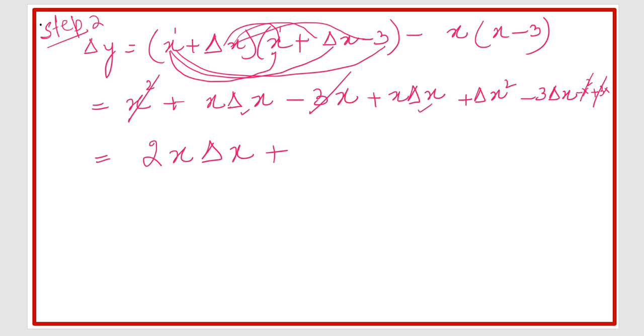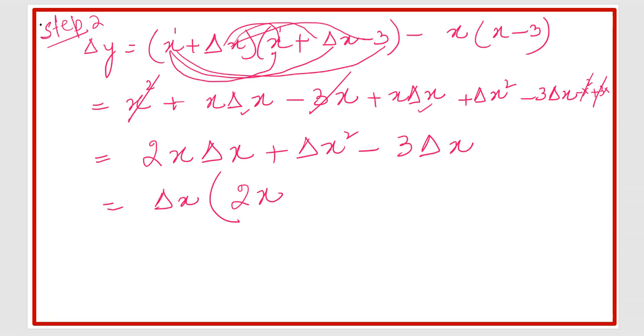We now have delta x square minus 3 delta x. Here we will take delta x common because it is present in all these 3 terms. So here we have only 2x remaining because we have taken delta x as common. Here we have only 1 delta x remaining, here 3. Here is delta y.